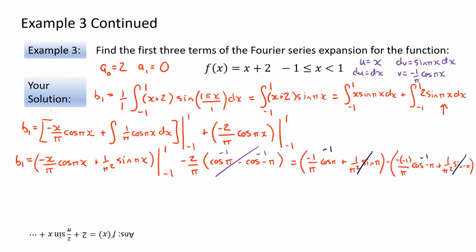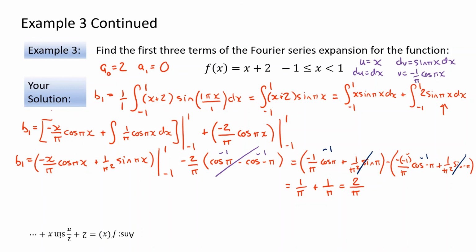If we simplify these, negative 1 times negative 1 is positive 1. So this just becomes 1 over pi. And for our second term, we get negative times a negative, which is a positive, times a negative is a negative, times one more negative is a positive. So we end up with plus another 1 over pi term. So we end up getting 2 over pi after all of this integral math.